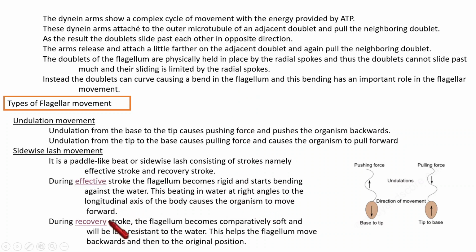Then recovery stroke means it is recovering from the effective stroke. The flagellum becomes soft and less resistant to water, and because of that the flagellum moves backwards to its original position. That is the recovery stroke.